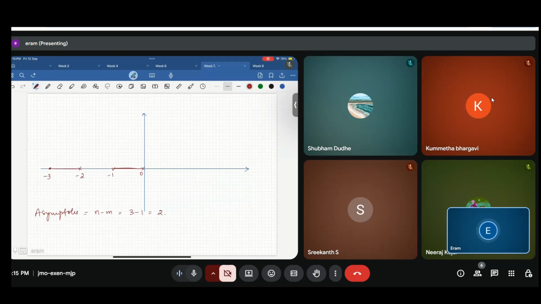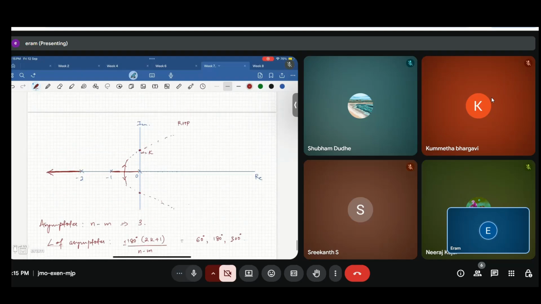So we have two asymptotes, and that is obvious because in the earlier case we had three open loop poles and no zeros, so all these three branches will converge to infinity because we have no zero to terminate on.